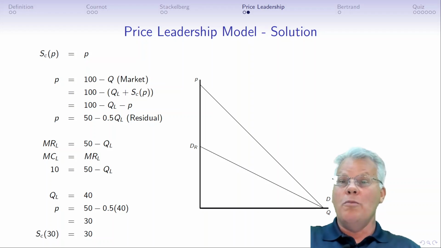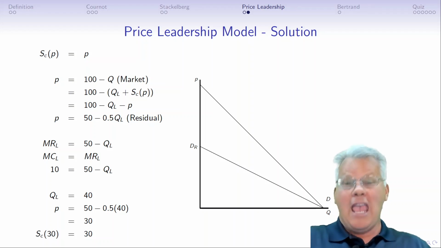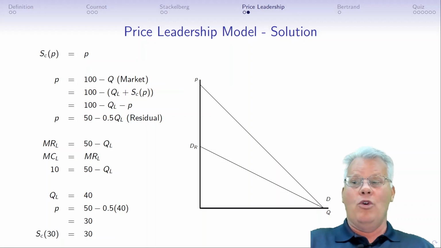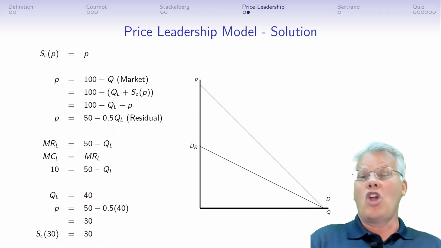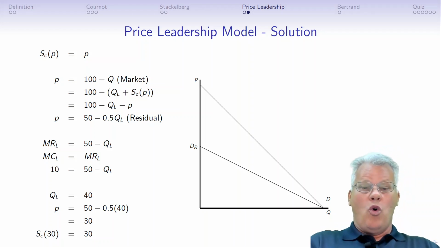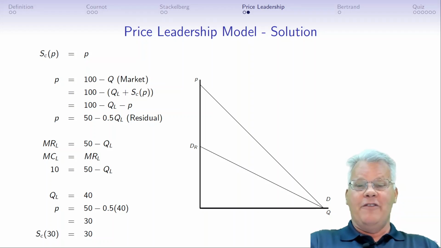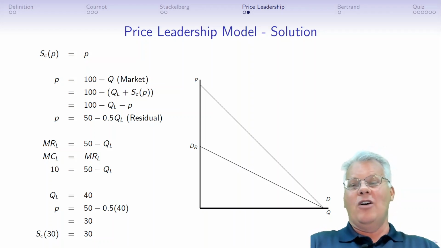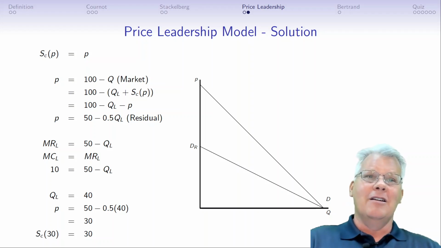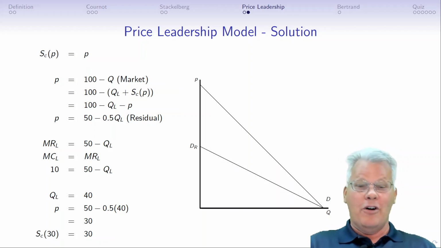Right? You remember, the leader firm became the leader firm because they were larger and had a better cost structure. So when the leader firm announces a very low price, they are able to capture more of the market. As they raise the price they announce, they gradually cede market share to their competitor firms.